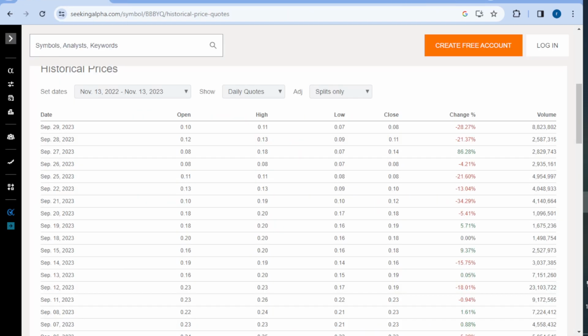So we can go back right here and clearly see that the stock opened at 10 cents. So it had some value right here. During the year of 2023, it had value up until September 29th, 2023, after which it got canceled and delisted and deemed to have no value.